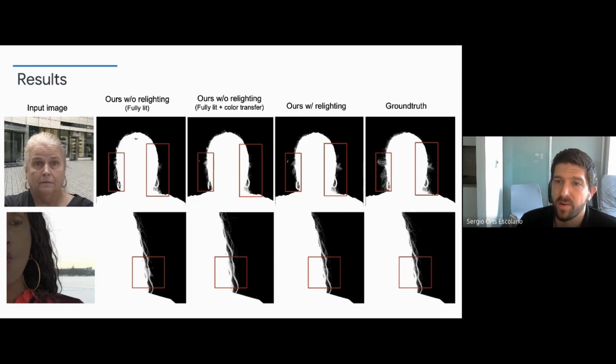First, training our deep matting module only on fully lit images. Secondly, training it on color harmonized images. And finally, training on realistically relighted images using the light stage. We can clearly see the improvements of our model being trained on the relighting dataset. For more details about these ablation studies, please check out our paper.